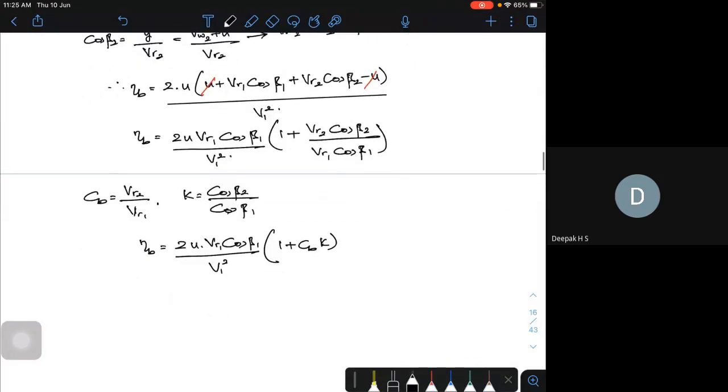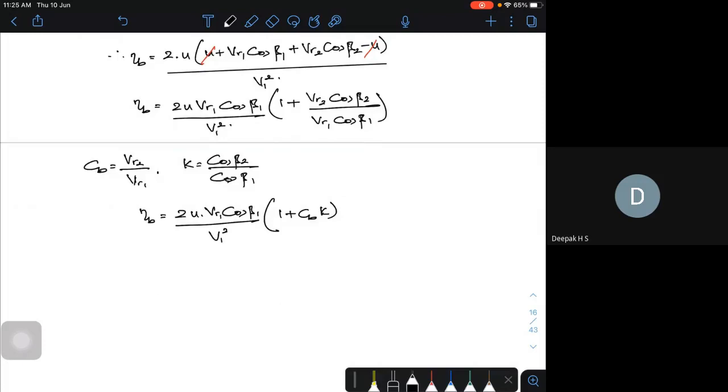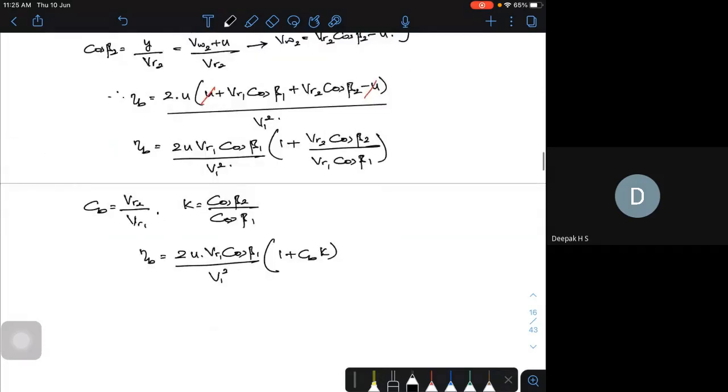We can write in that particular form. Let me call this equation number 2.